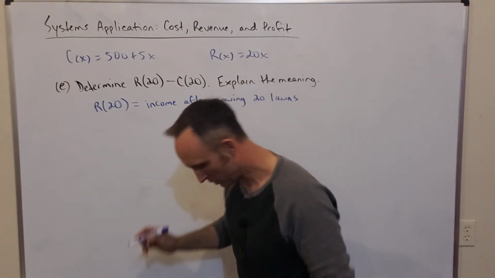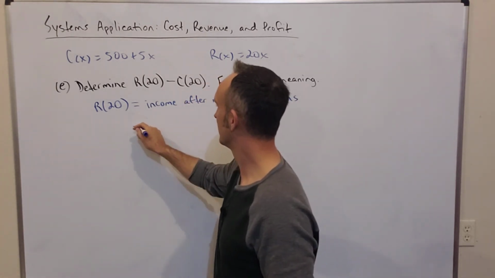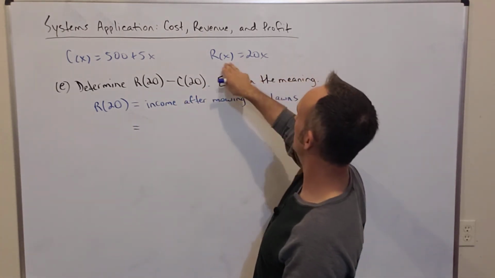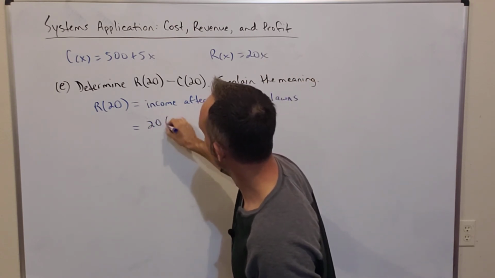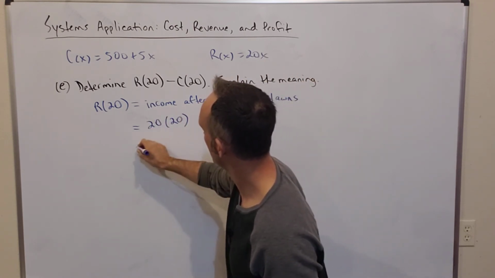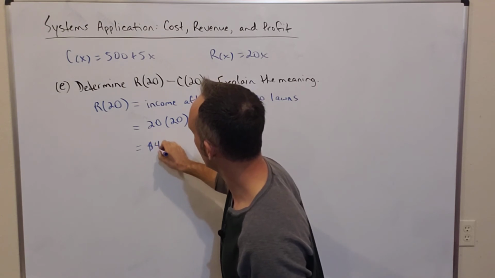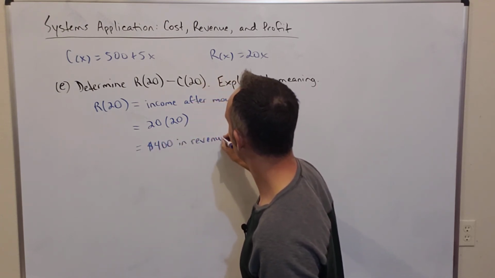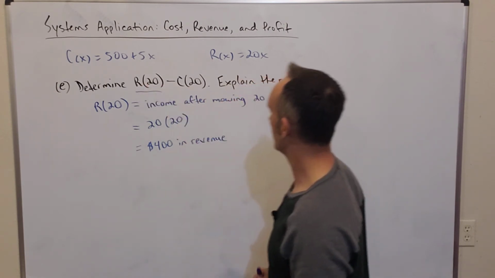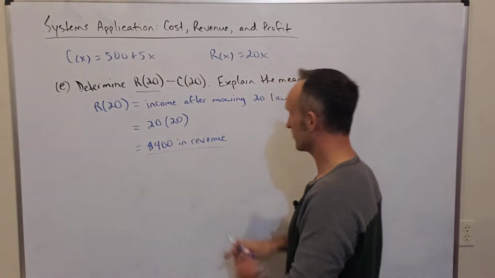And so how do we calculate that? We use the formula here where x is 20. So that's 20 times 20 lawns, which is $400 in revenue. Okay? So we've got the R of 20 figured out.